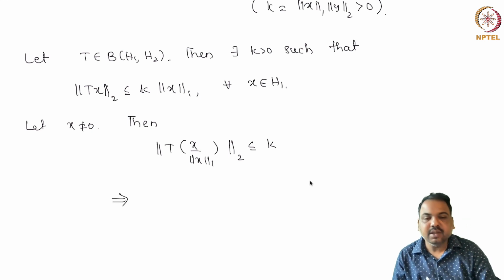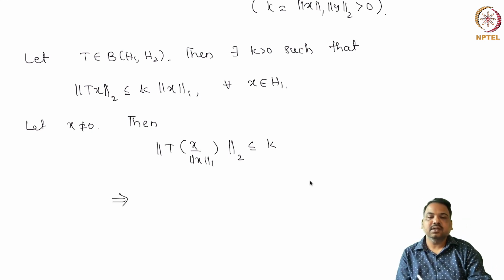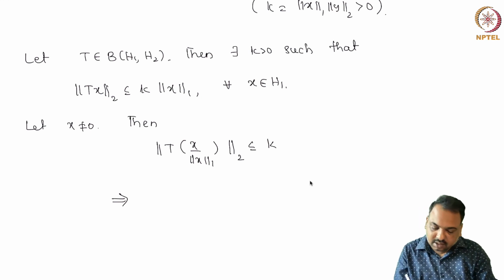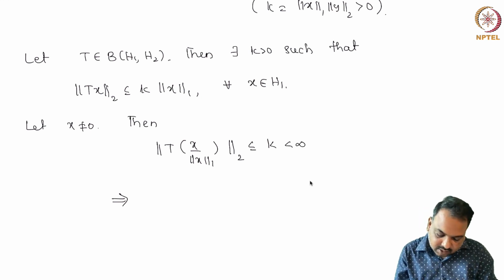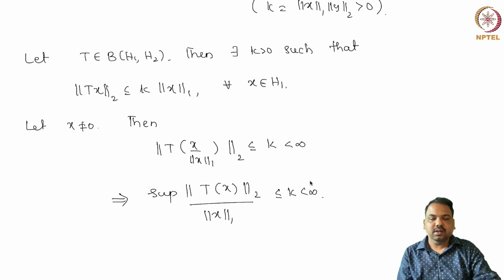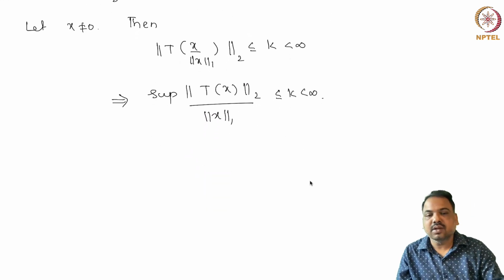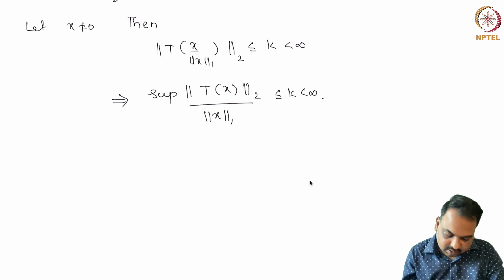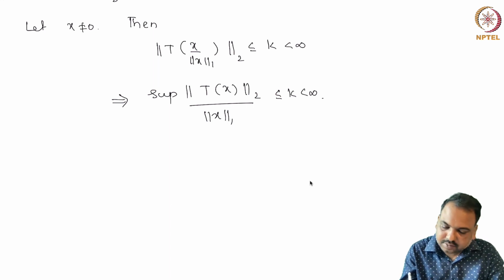The left hand side depends on the vector x, whereas the right hand side is a fixed quantity. So this is finite. So we can take even the supremum of the norm of Tx by the norm of x, which is less than or equal to k. The left hand side quantity we call the norm of the operator.